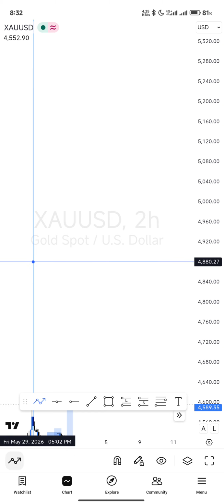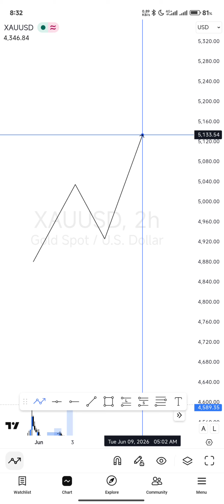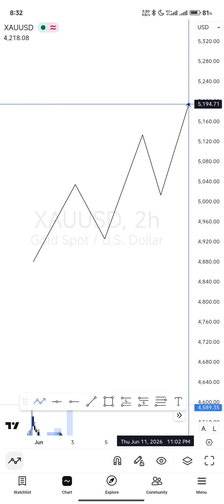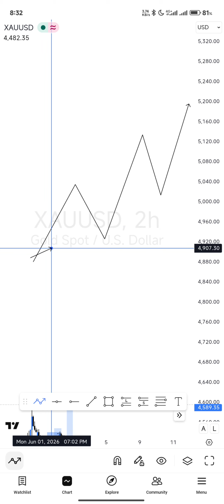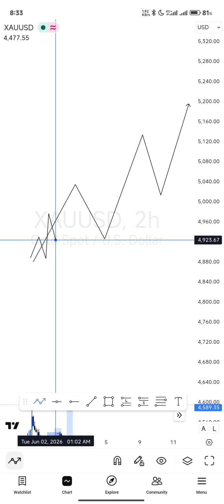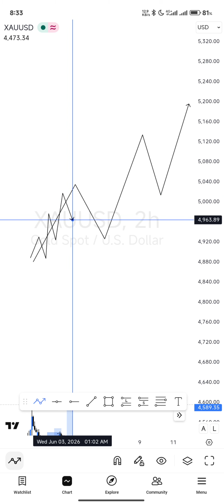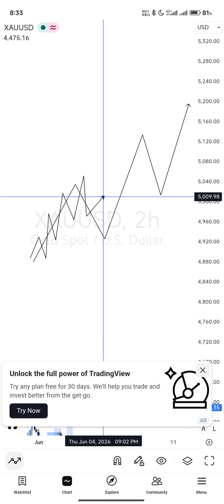Take for example, the market is making higher highs and higher lows. Within this structure, the market could make smaller trends. These smaller trends within the bigger trend are what we call subtrends.